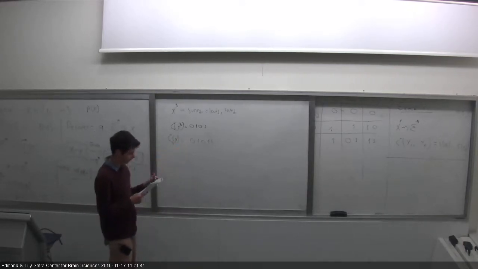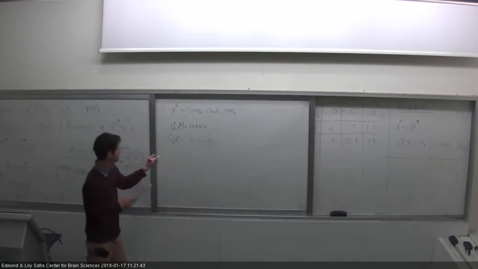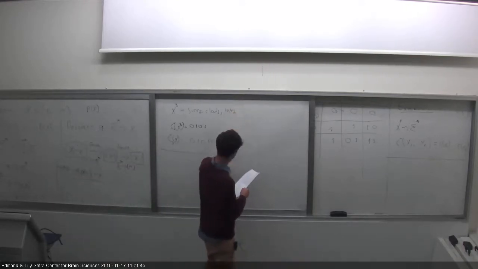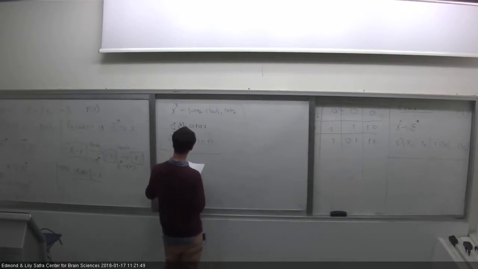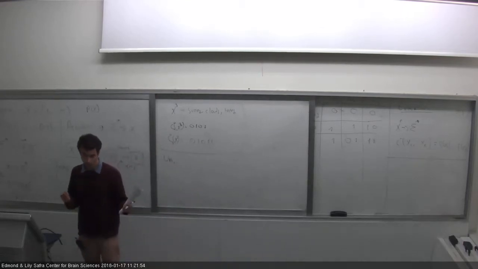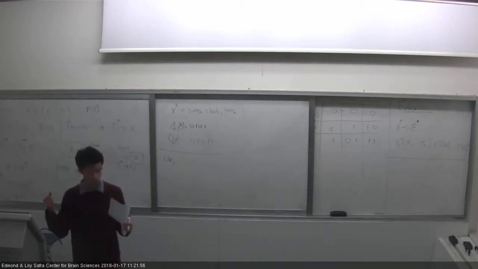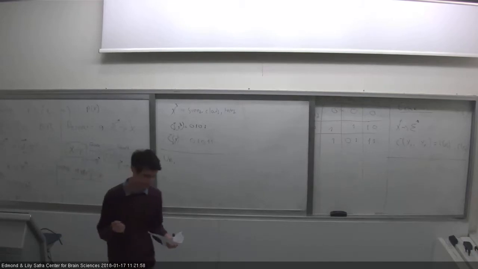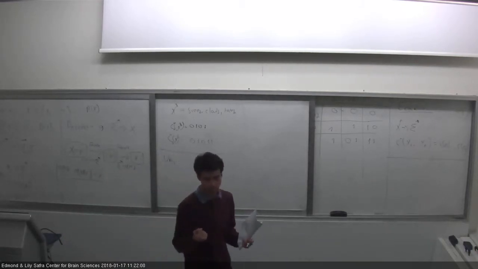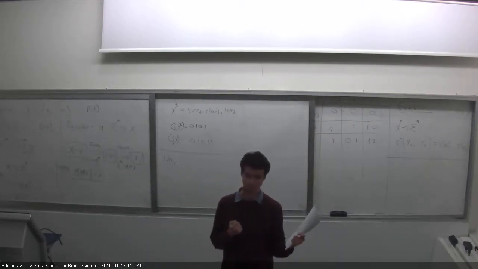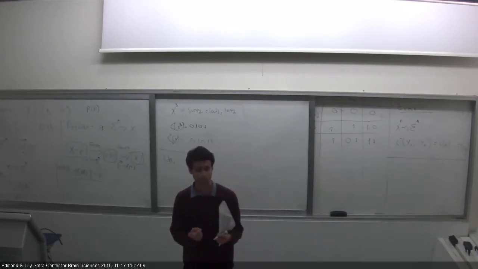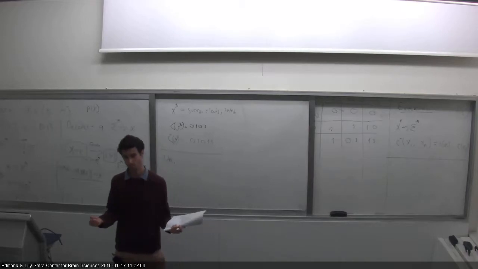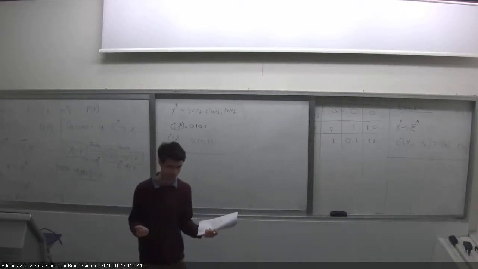So let's define it formally. We say a uniquely decodable code is when I take two messages, and the codes of these messages cannot be the same if the messages are different.